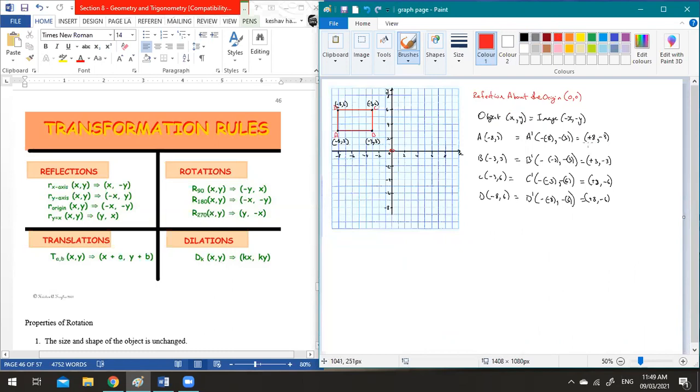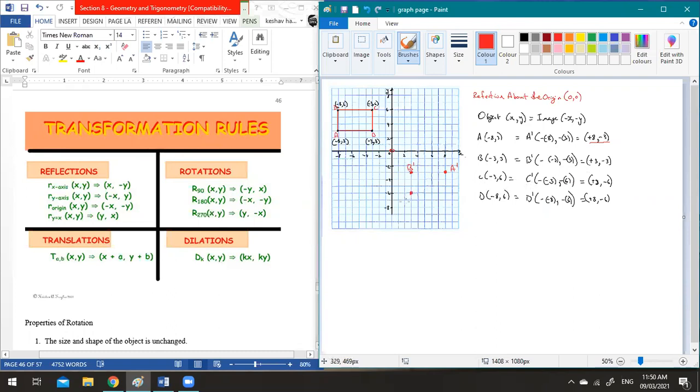So the first point is positive 8 and negative 3. So positive 8 is here, and negative 3 is down here. So this will be A prime. B is positive 3 and negative 3. So that's here, so B prime. C is positive 3 and negative 6.